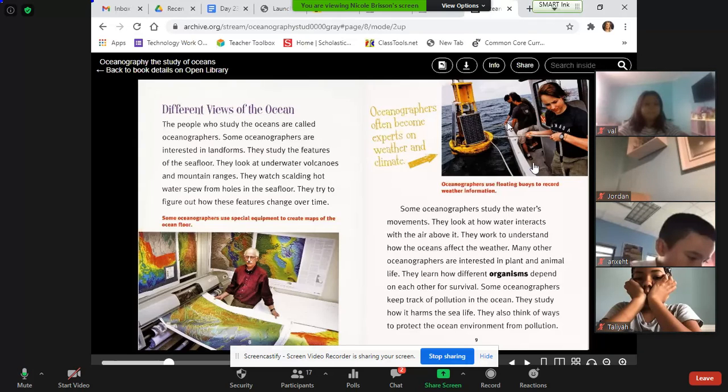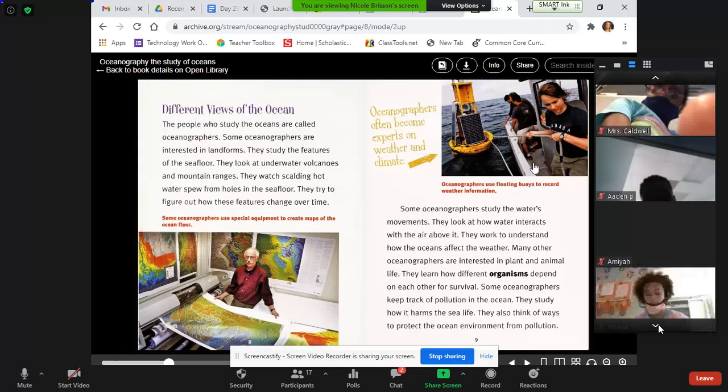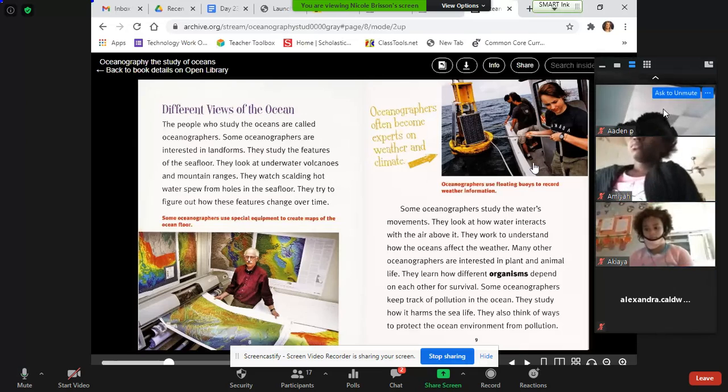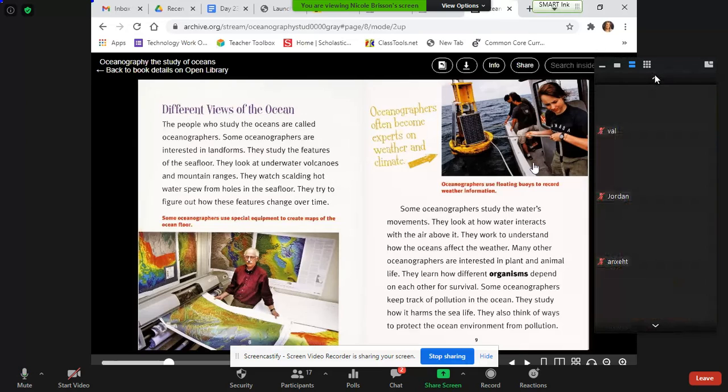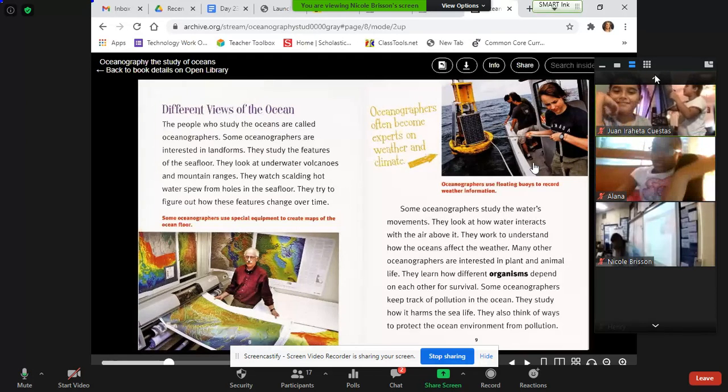Put a thumb up or raise your hand, my friends at home and at school, if you see a text feature on page 9 that we haven't talked about yet. I've got a lot of friends with their hands up at school. I want you guys to keep it. Valerie, do you see something on this page that really sticks out to you?